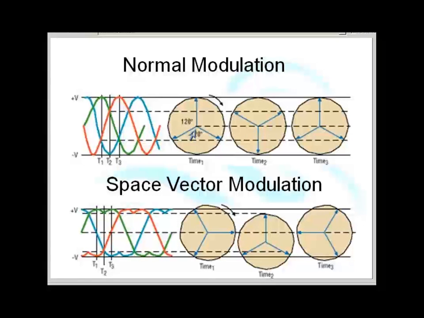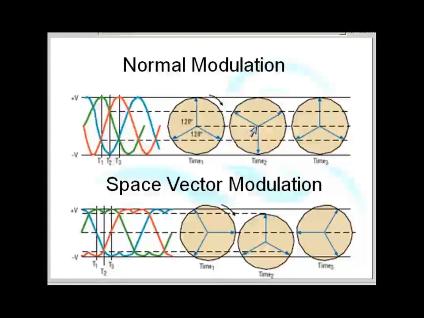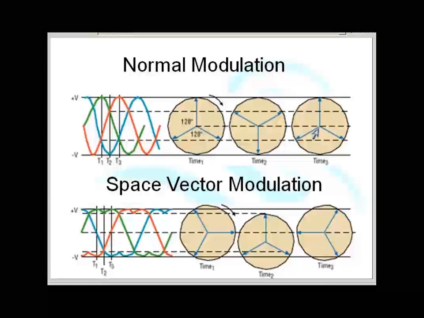When you add the vectors for all three phases, we always get 0 volts as the common mode voltage. So at any particular time, the neutral is at 0 volts on a three-phase motor. That's pretty well what we'd expect with a modern three-phase motor.